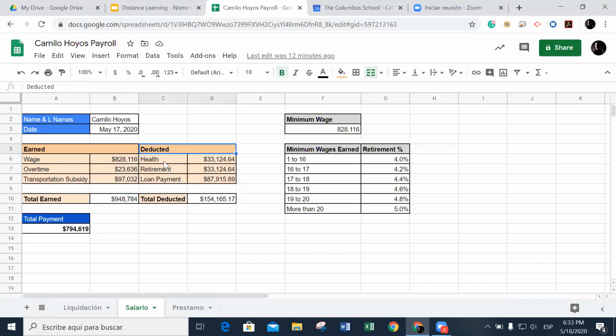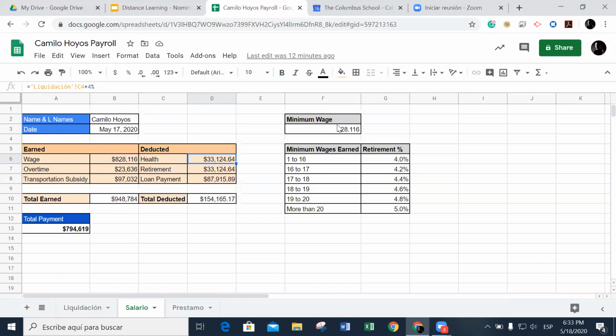Now deductions. Let's see what is going to get deducted from this paycheck. The health: the government says that 4% is paid by this particular person. So what we do is take the minimum wage.